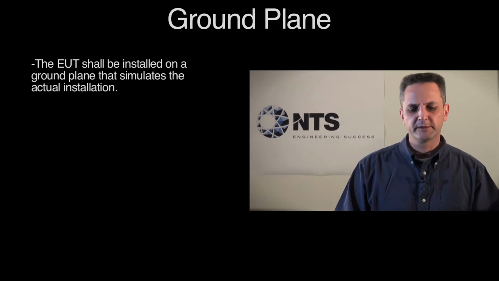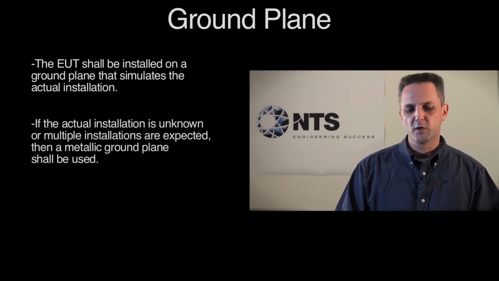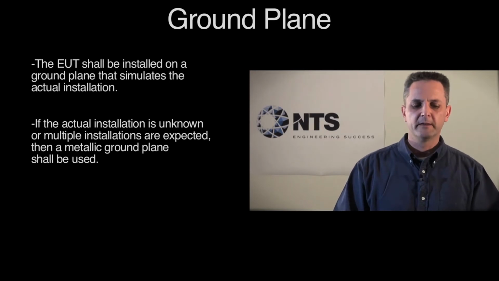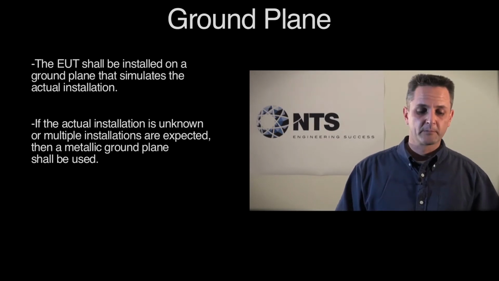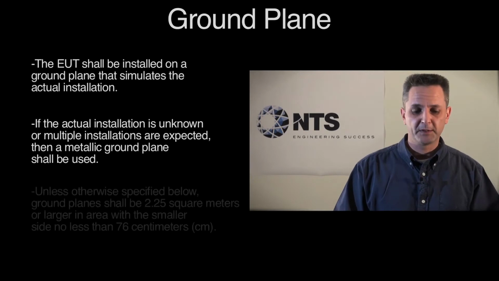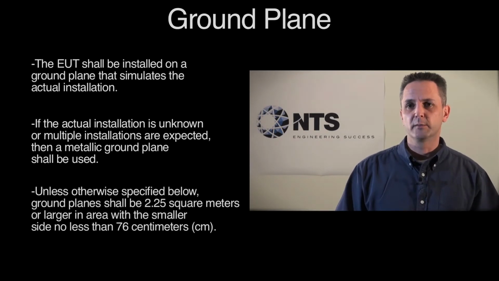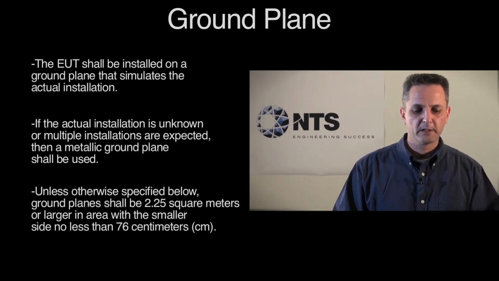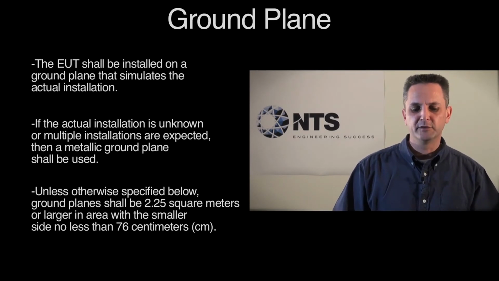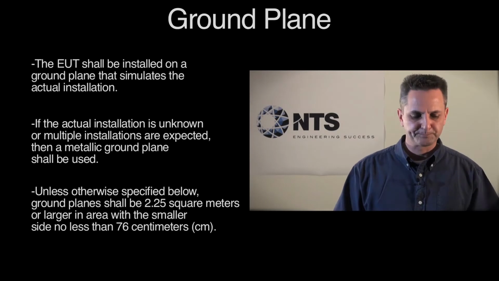Now, if the actual installation is unknown or multiple installations for this particular product are expected, then the ground plane should be used. Unless otherwise specified, the ground plane shall be 2.25 meters squared, in larger areas with the smaller side no less than 76 centimeters.